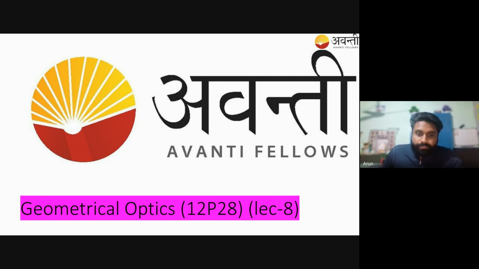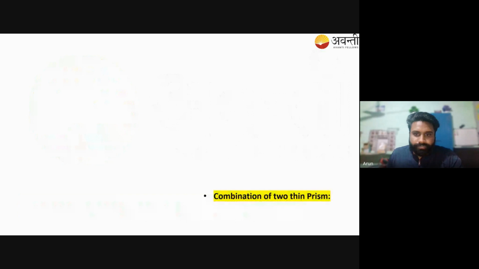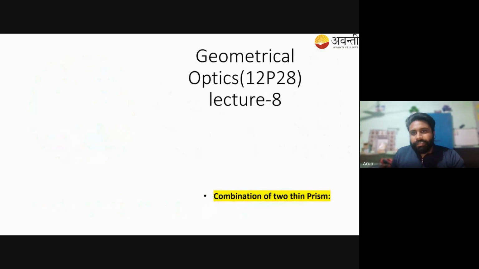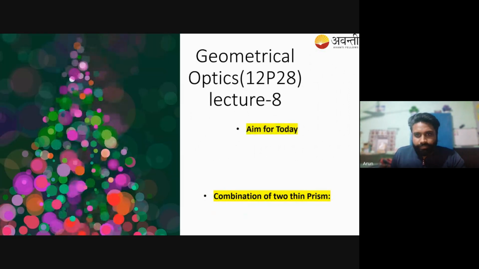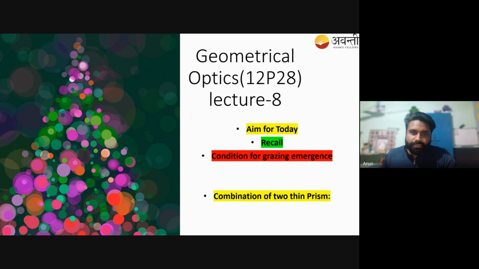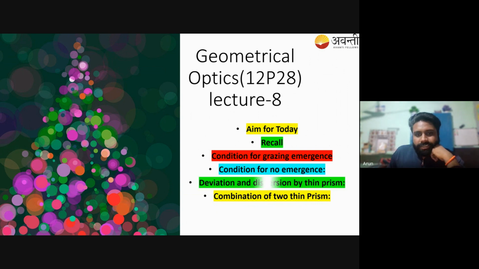So we will proceed further. Firstly, geometrical optics lecture number 8. The aim for today: we are firstly going to recall the previous concepts, then the condition for grazing emergence, the condition for no emergence, and deviation and dispersion by a thin prism, and also the combination of two thin prisms.